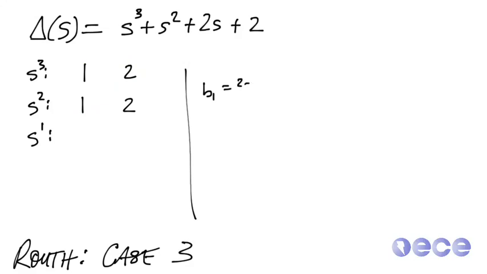So here, 2 minus 2 divided by 1 is equal to 0. So the next value, because we're going to be multiplying by this column here that doesn't actually exist, is also going to be equal to 0. So B2 by inspection is just equal to 0. So we have two zeros here.